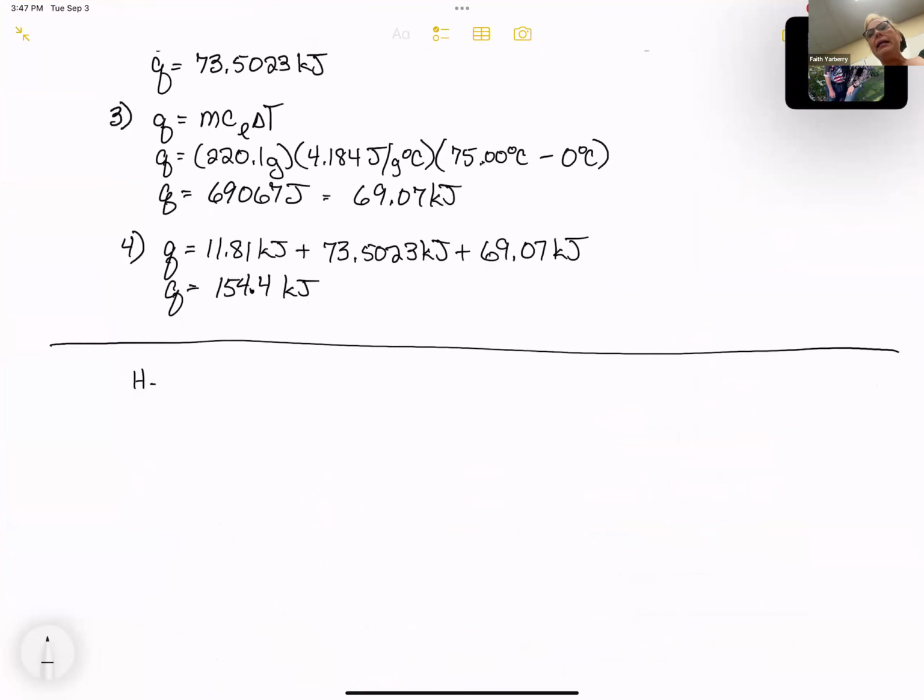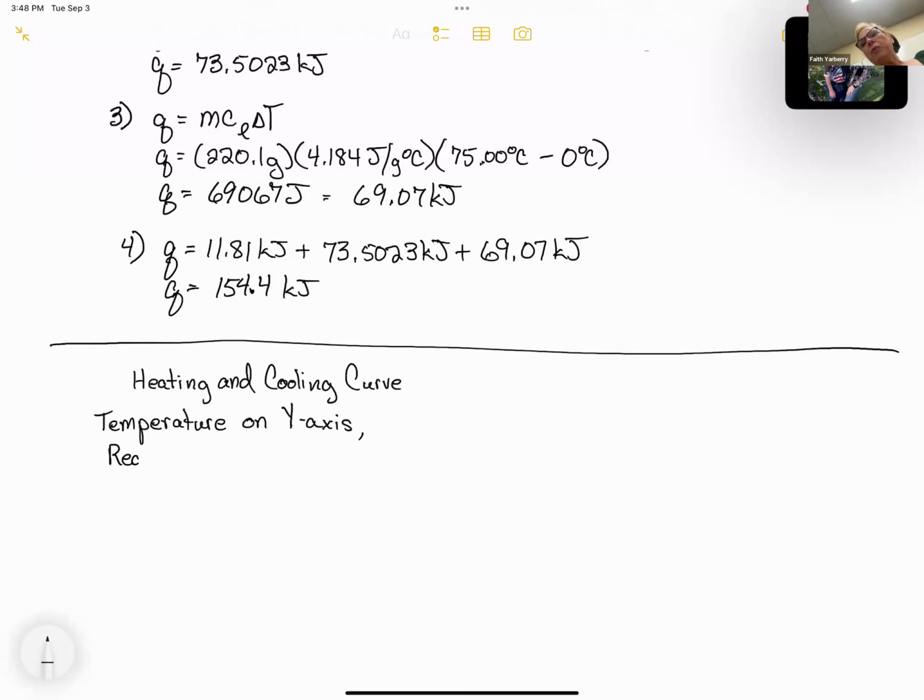We've talked about a heating and cooling curve, and with the heating and cooling curve, we had temperature on the y-axis and basically, let's call it reaction progress, on the x-axis.